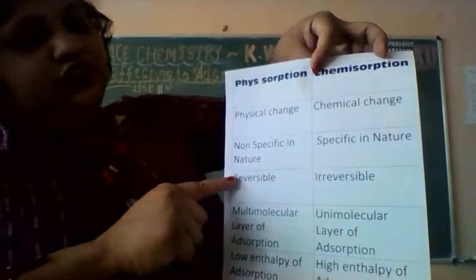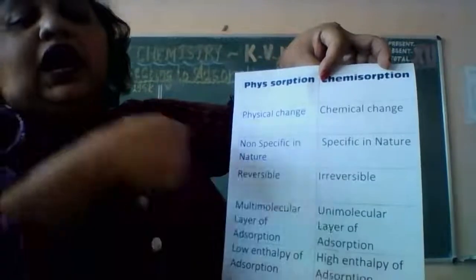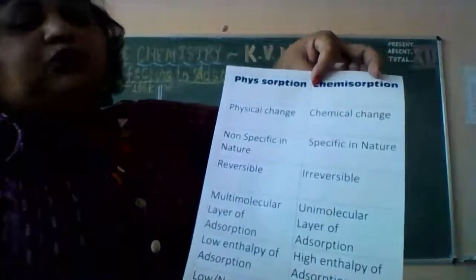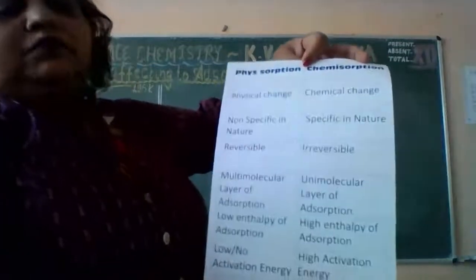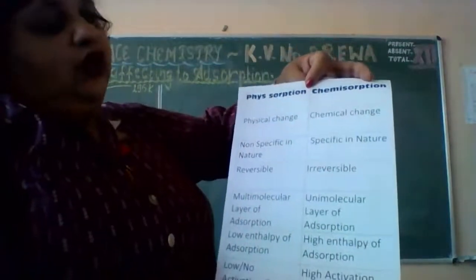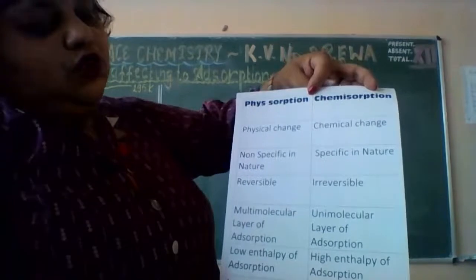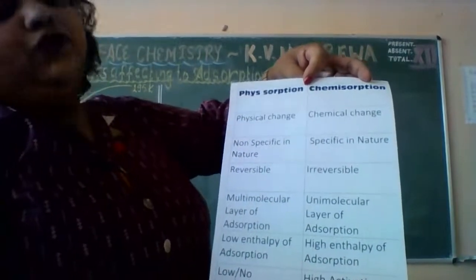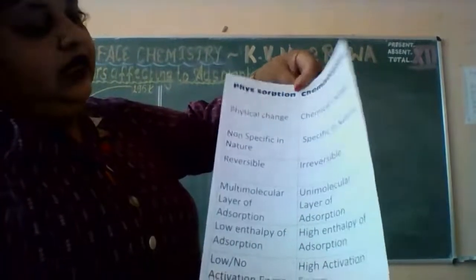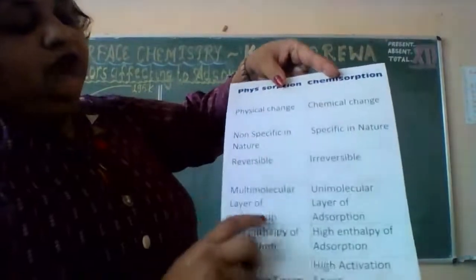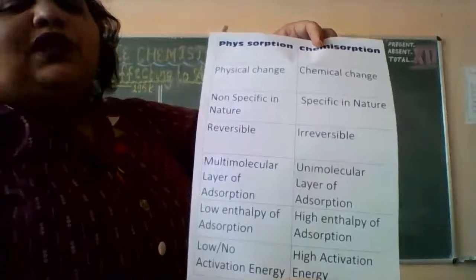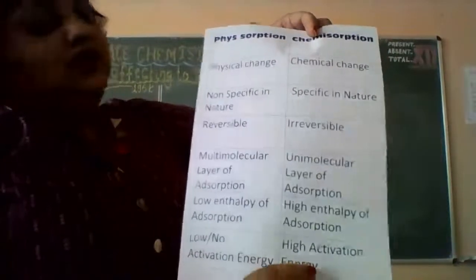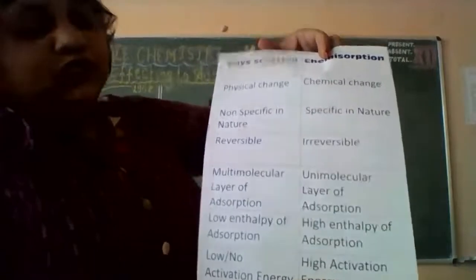You have seen physisorption is reversible. I always use the duster to remove the chalk from the surface, right? Chalk is the adsorbate and the green board is the adsorbent, while on the other hand chemisorption is an irreversible phenomenon, right? Physisorption may take place more than once, like our chocolates, Snickers and all these chocolates, which have multiple layers deposited over there.